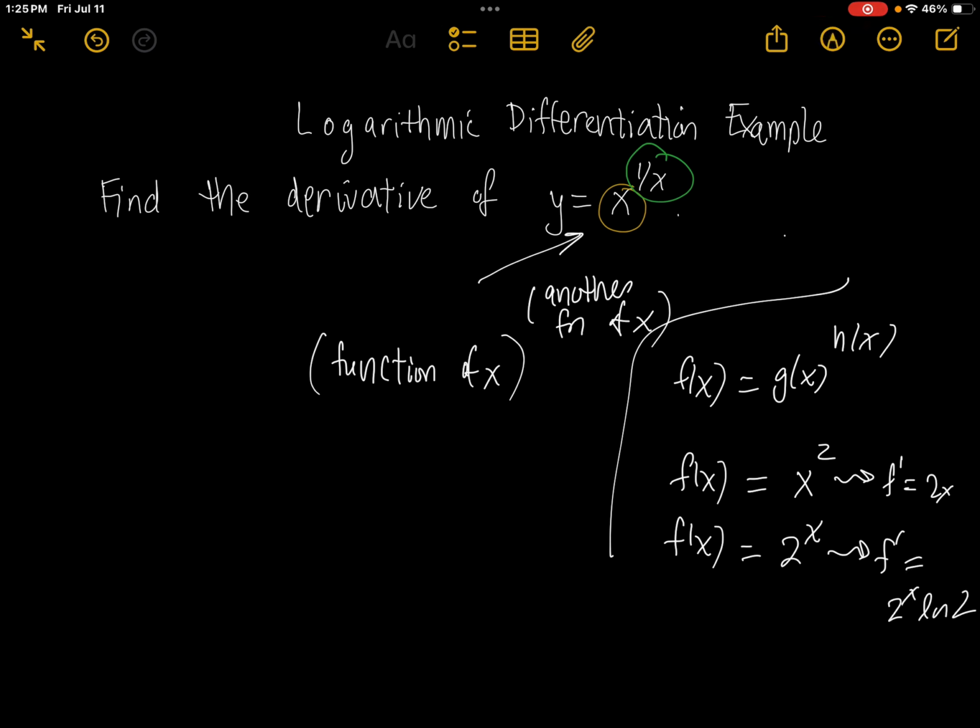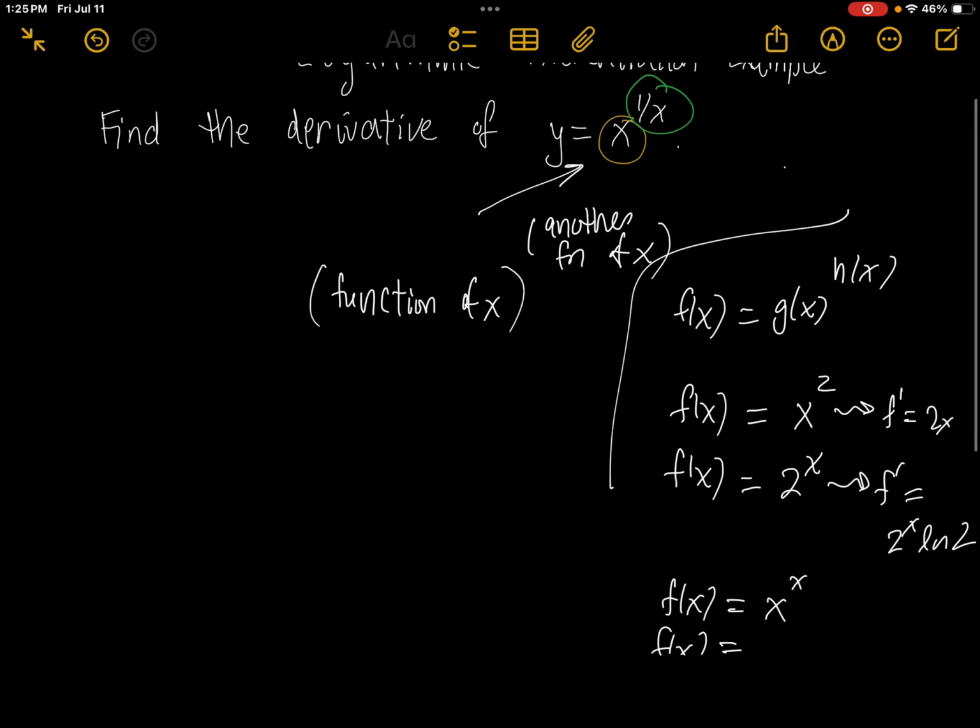When I have x to the x, or something like 7x raised to the square root of x, something involving x raised to something involving x, I can't use the facts that I used for the other examples.